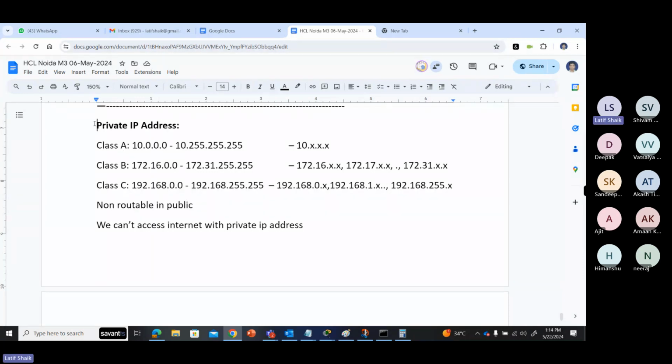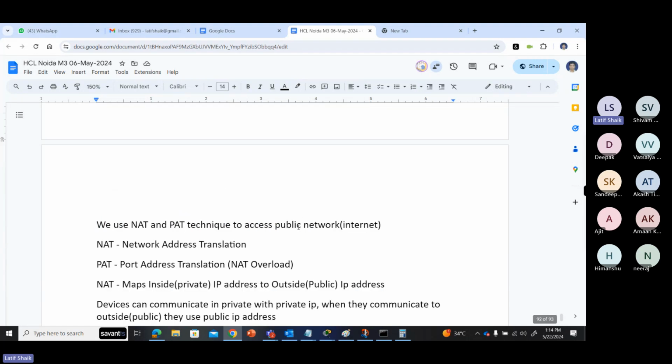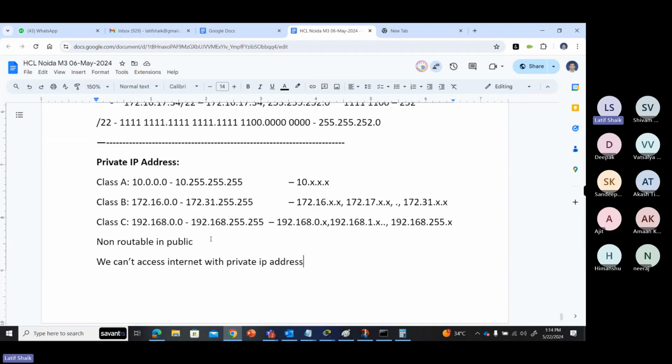Those are called private IP addresses. These IP addresses cannot be routable in public. We cannot access the internet with a private IP directly. Of course, indirectly we can access, that is a different point.